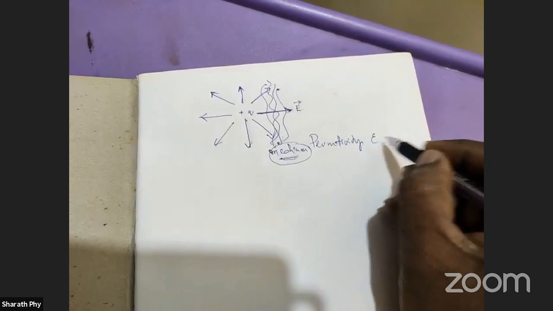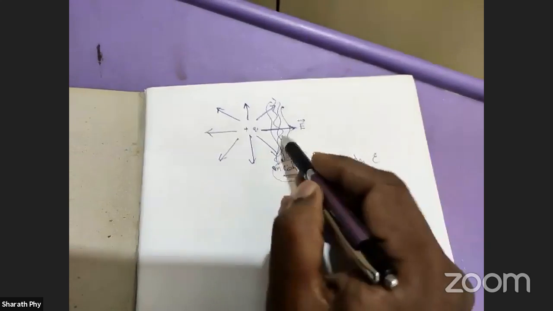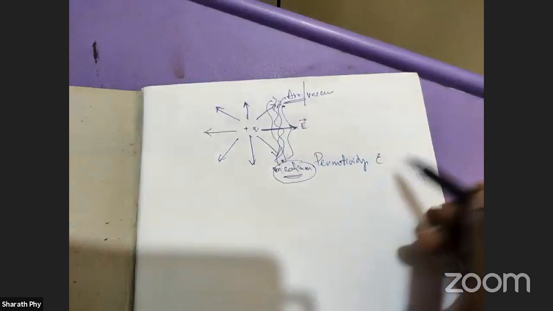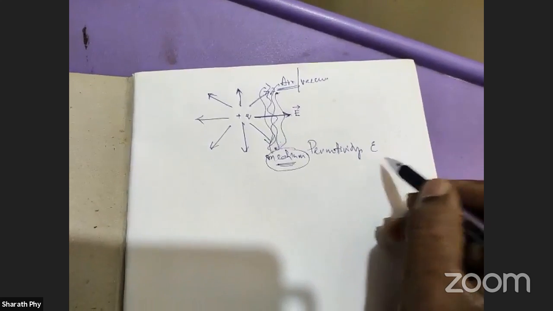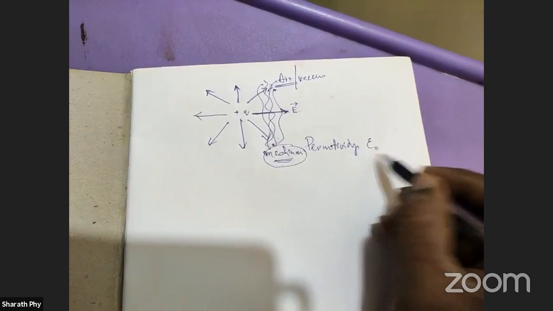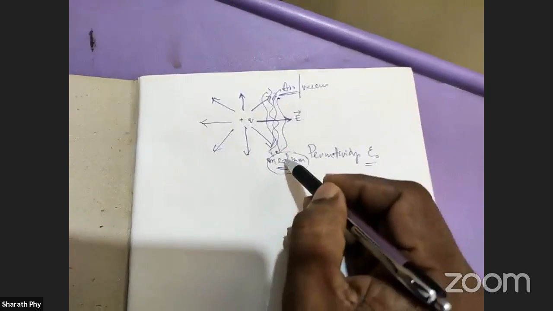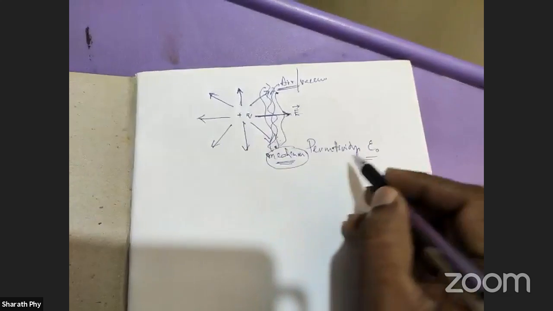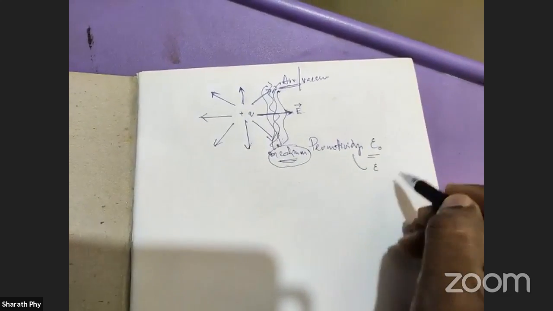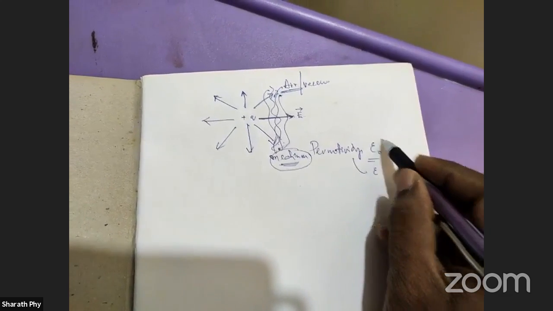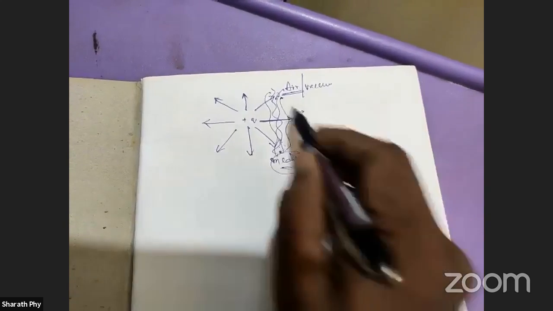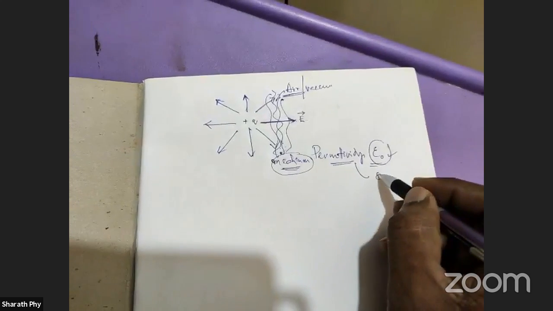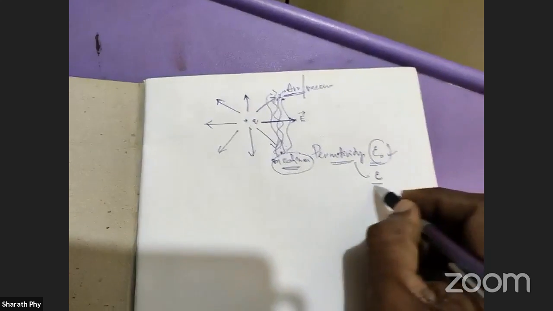The symbol we use is epsilon. If air or vacuum is there, we use the symbol epsilon naught for the permittivity. If some other medium is there, the permittivity may be some other value, not epsilon naught, and we use epsilon.